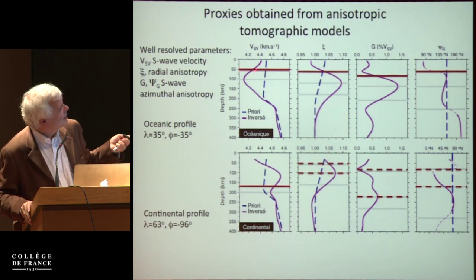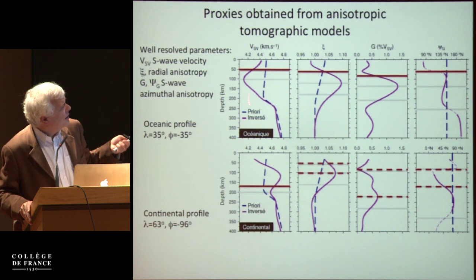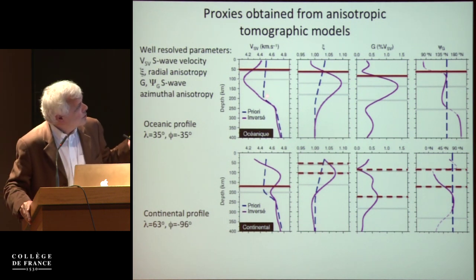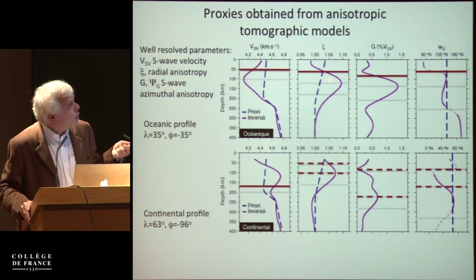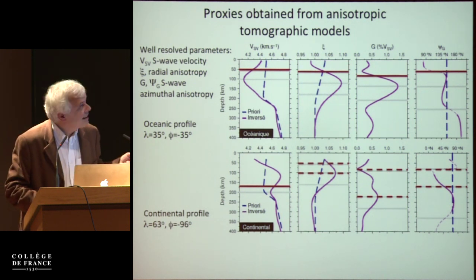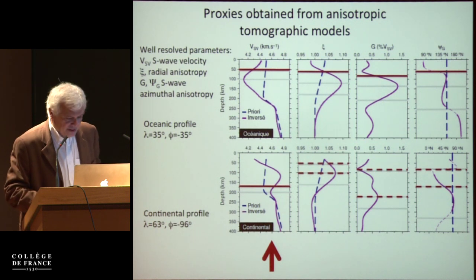As I told you, we look at the gradient of VSV, the gradient of radial anisotropy, the gradient of G and psi G, and I will only show you the result for psi on oceans, but for VSV we have done the inversion for everything.